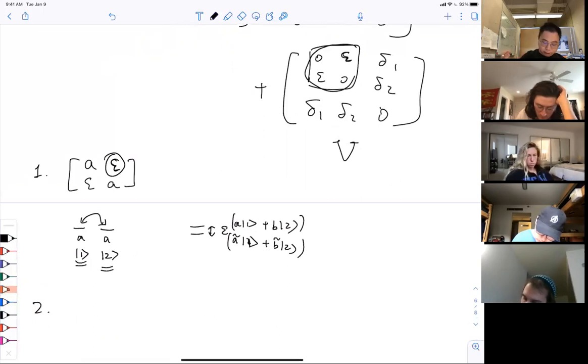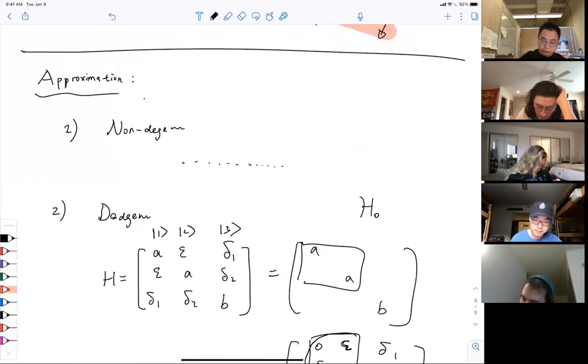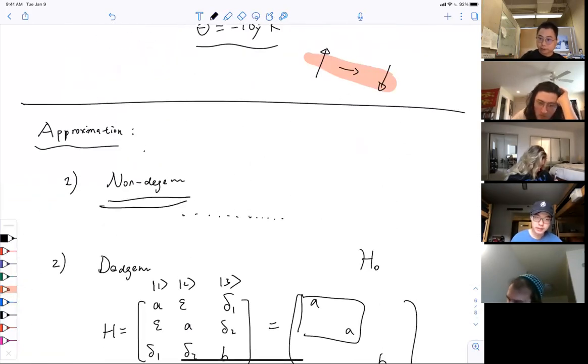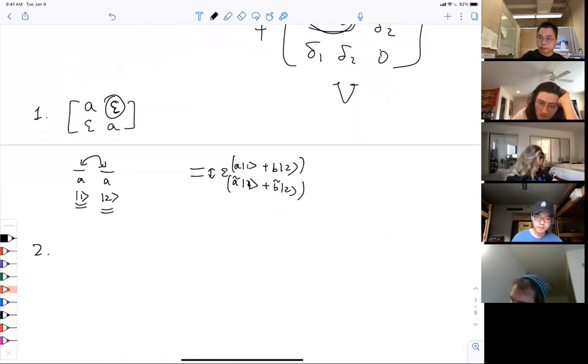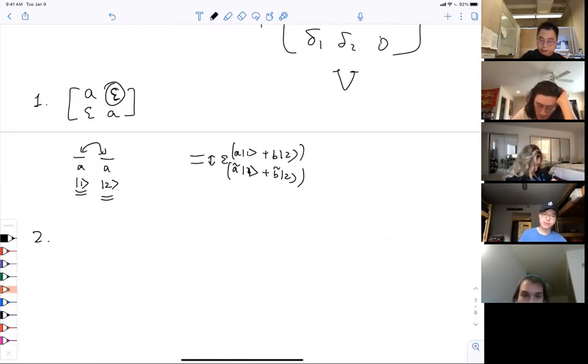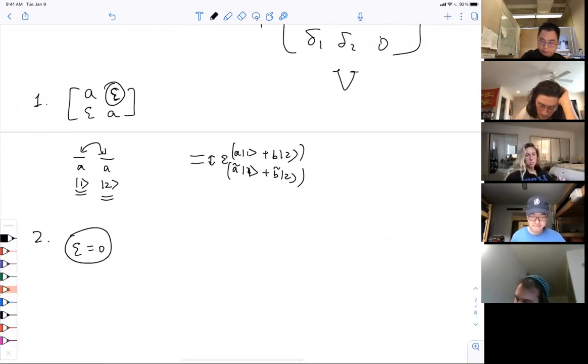To get the second order approximation, the correction to the energy, we just apply the formula we have from the non-degenerate case. That's how we usually proceed, right? One special case is when epsilon equals 0, and there's a homework problem on it, right? We also did that problem in the discussion a long time ago.